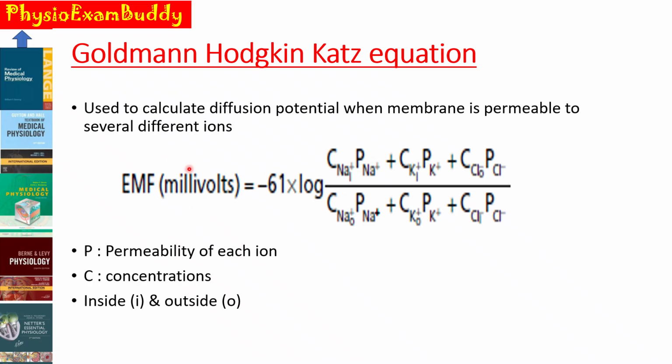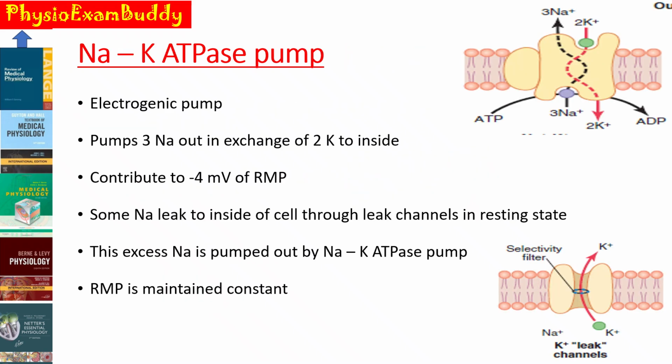This diffusion potential, that is the electromotive force in millivolt, will be equal to minus 61 into log of, where C means concentration and P is the permeability, I is the inside concentration and O is the outside concentration. So if you substitute this in the formula, you will be able to calculate the diffusion potential across the cell membrane if the membrane is permeable to multiple ions.